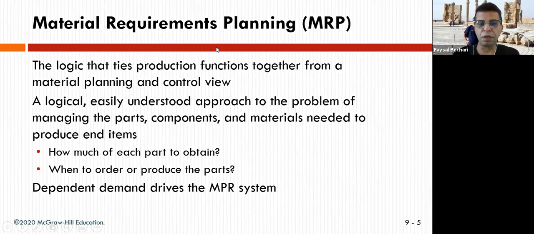Now, the MRP is the logic that ties production functions together from a material planning and control view. So I'm planning to produce something. This product is made of 100 small pieces that are integrated with each other, and some of these pieces could be similar and some different.